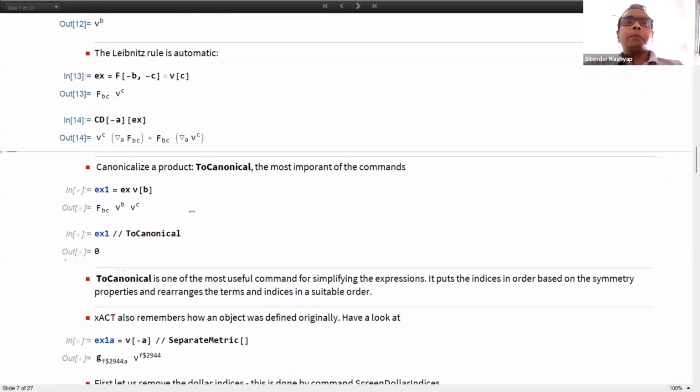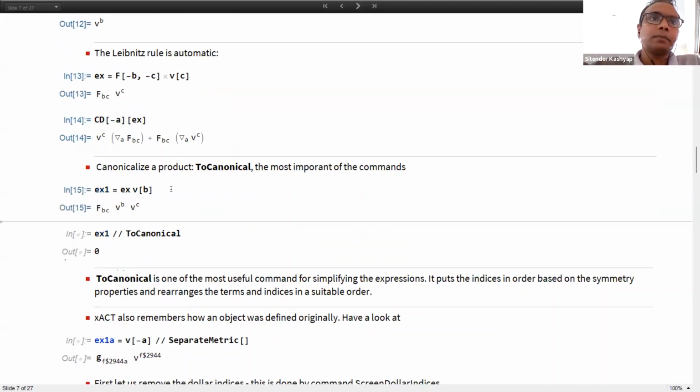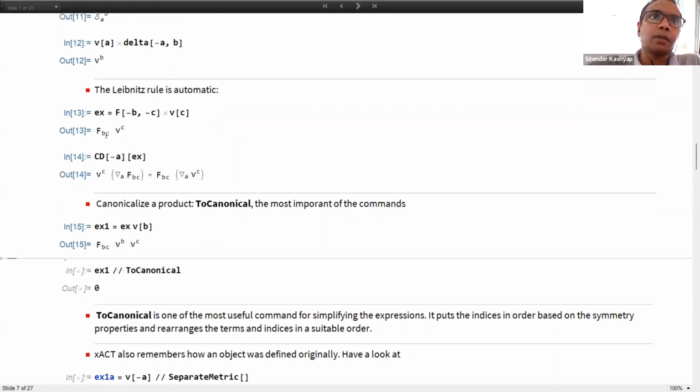Okay, so next let's introduce a very important command called ToCanonical. This is, in my opinion, one of the most important of the commands. So let's define a quantity called Ex1, which is essentially the earlier quantity Ex, the product of F_BC and V^B V^C. Now you see this is an antisymmetric object, and we are multiplying with two vectors.